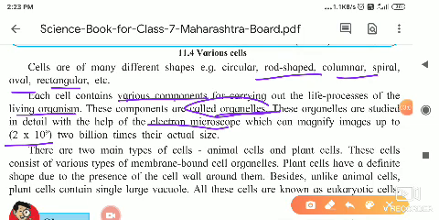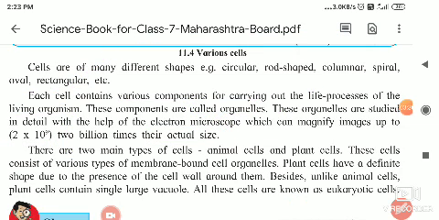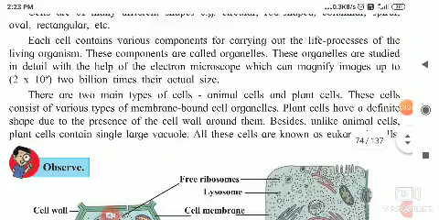So we can magnify using the microscope 2 billion times their actual size. Suppose this small dot is there. If we use the microscope, it becomes very big, 2 billion times that point. We can magnify the image.